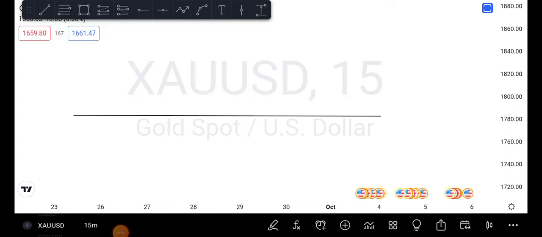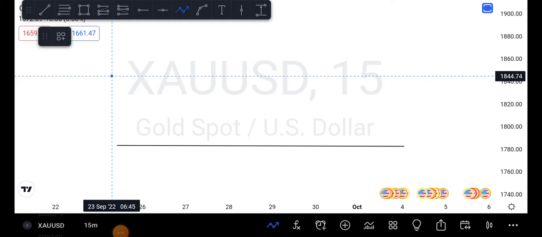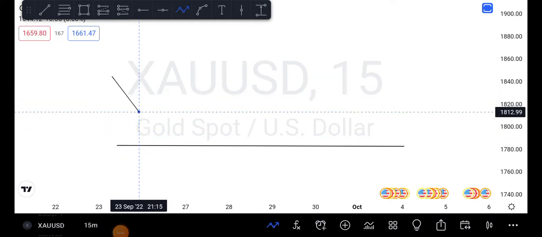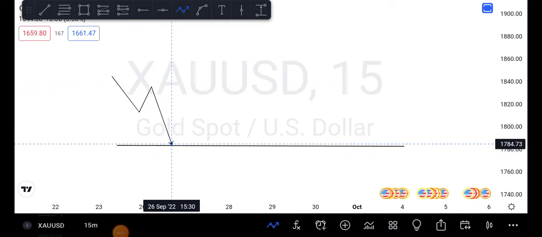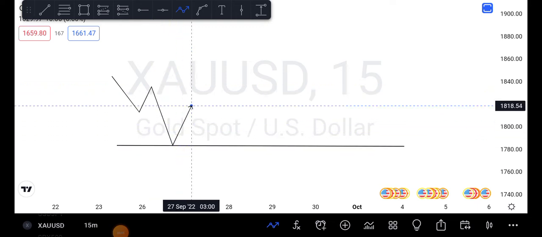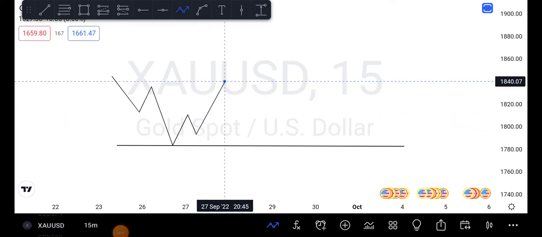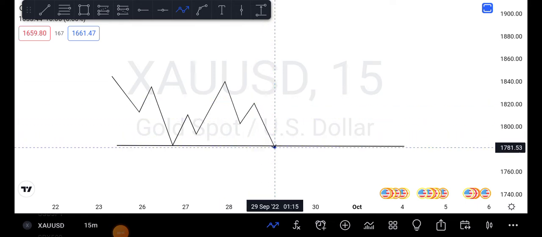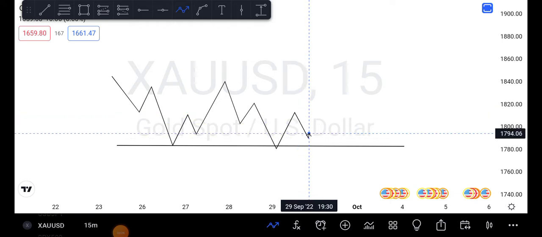So we also have something we call support. Let's say price is going down. It comes to a particular level, shows willingness to go up, then goes up, comes down again, comes back to that same level, shows the willingness to go up again.